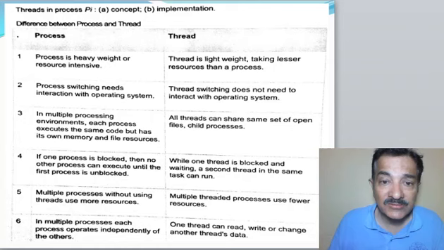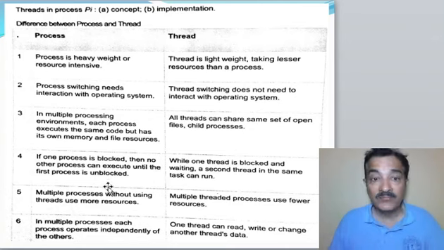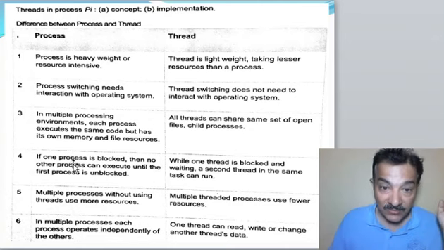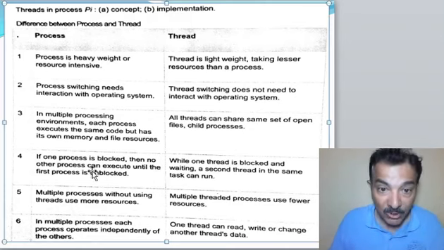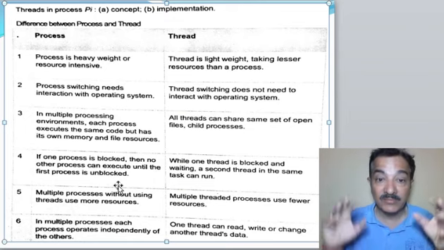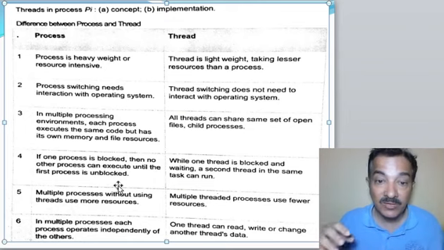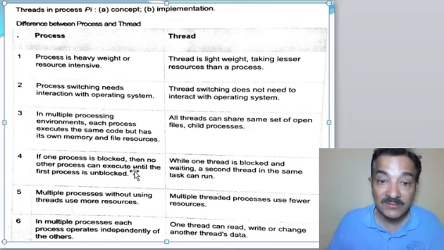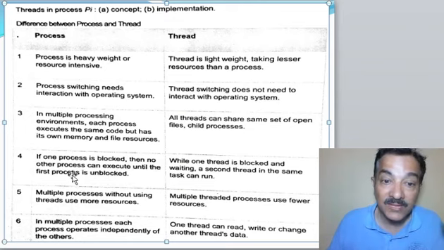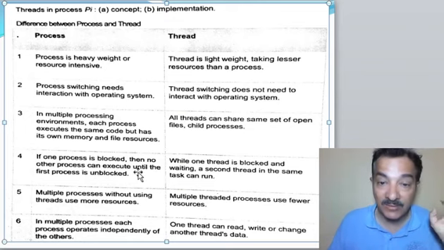If one process is blocked, then no other process can execute until the first process is unblocked. That particular process has to unblock itself before the others can proceed.